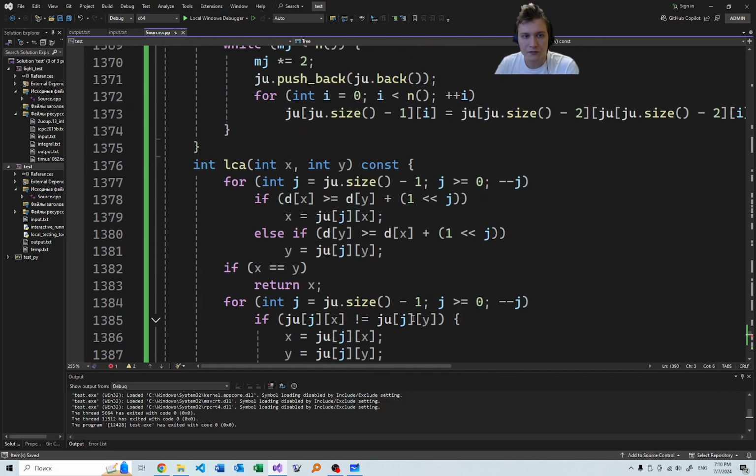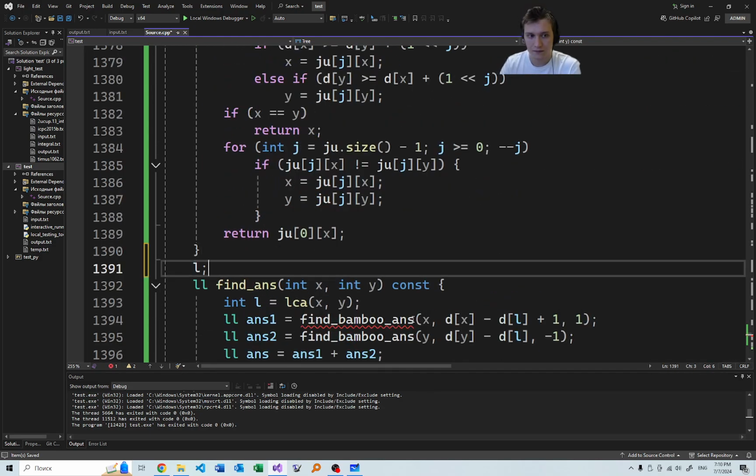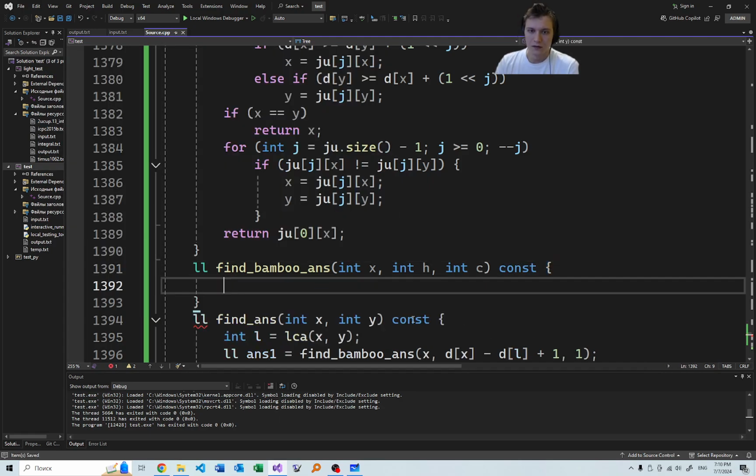Okay, so now we need to find bamboo ans. Int x, int how many, and int increment. Great. Actually, this is also a difference of two bamboo answers.